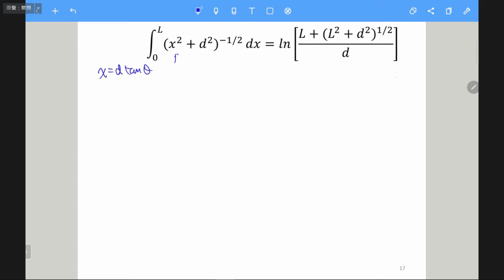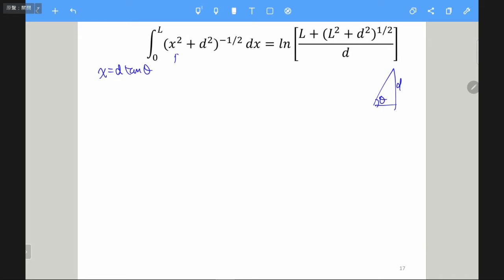Of course, if you draw a right triangle, you will have something like this: this is d, this is x, this is theta.